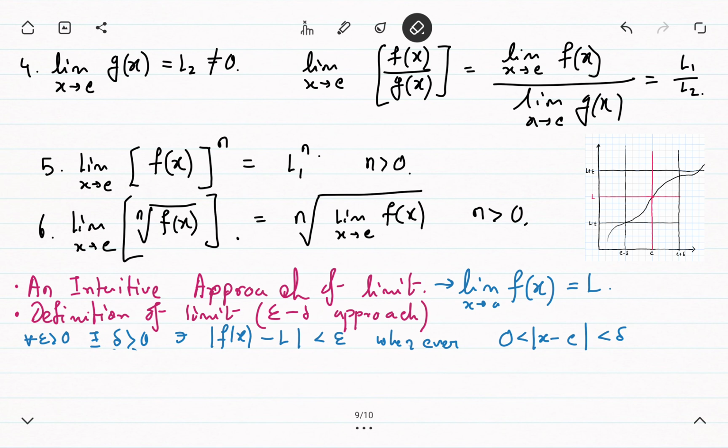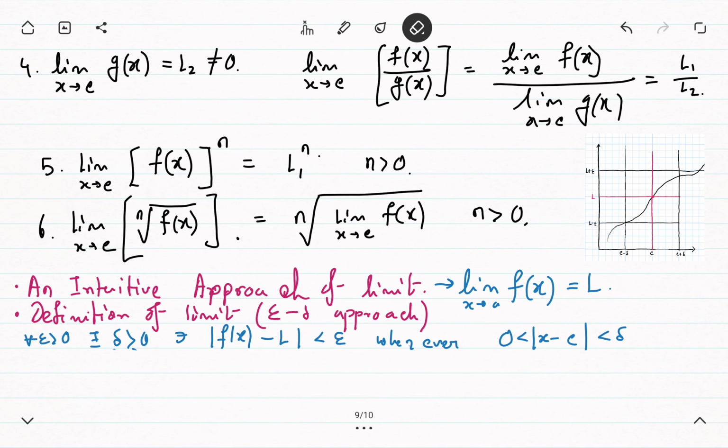This graph illustrates that for a given epsilon greater than 0, for a positive epsilon we can draw y equals L plus epsilon and y equals L minus epsilon.